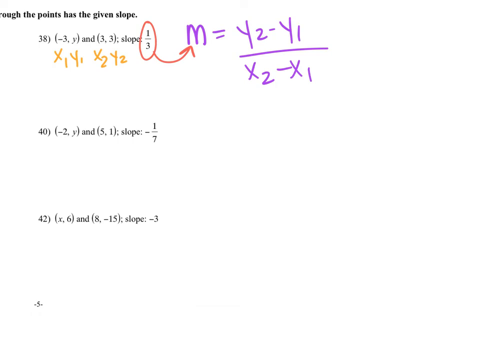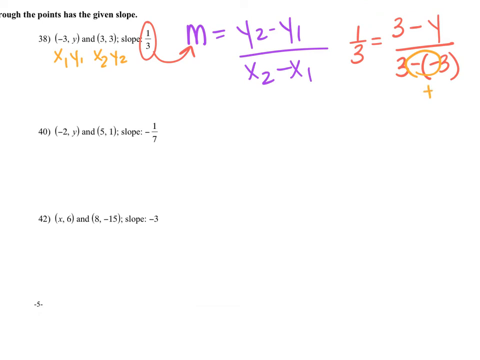So plugging this in would be 1 over 3 equals my y2 is 3 minus my y1 is y over my x2 is 3 minus my x1 is -3. Okay, and these two negatives make a positive.